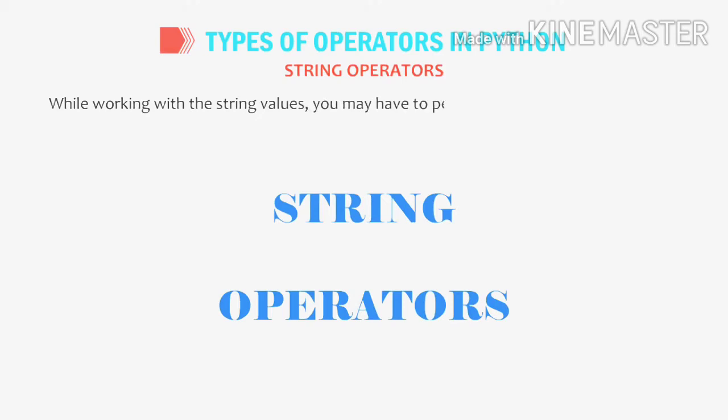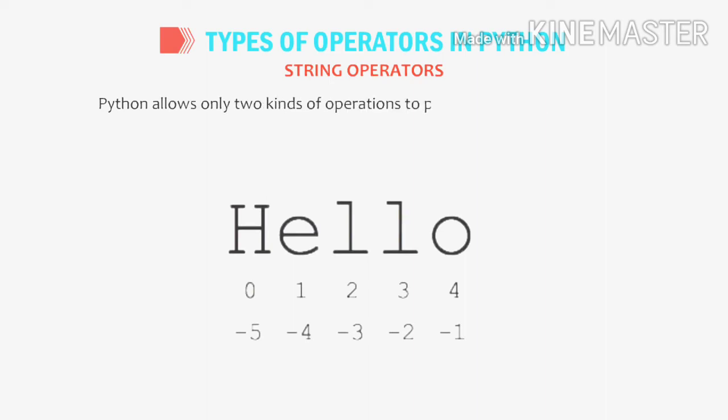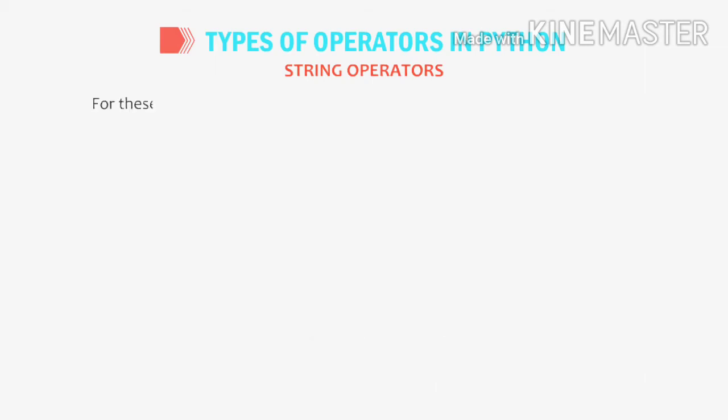While working with string values, we have to perform some more operations on them. Python allows only two kinds of operations to be performed on the string data type. The first, you can either join two strings or replicate a string multiple times.